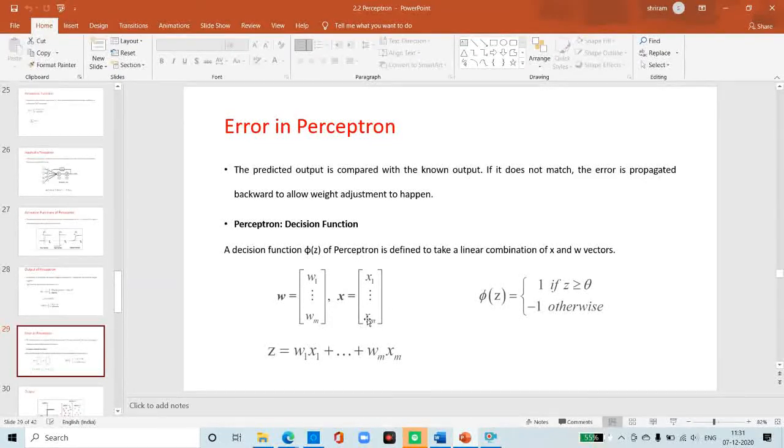M is the number of inputs to the perceptron, and z equals W1 X1 plus W2 X2 up to Wm Xm. The decision function phi of z equals 1 if z is greater than or equal to the threshold value theta, otherwise minus 1. So this is the perceptron algorithm.